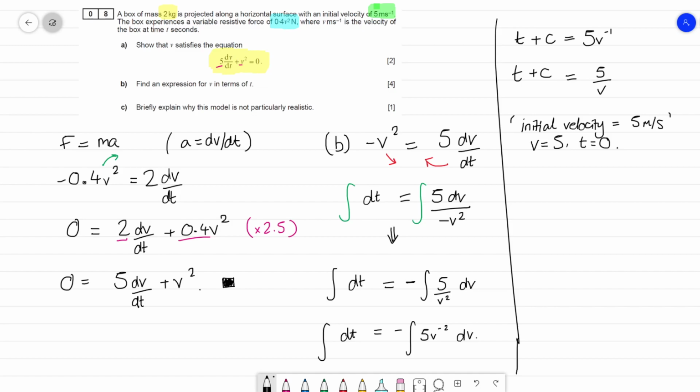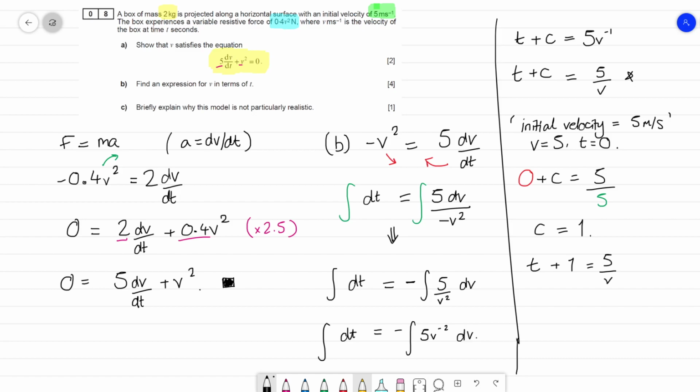So let's take that expression. Let's do that. So t is 0. v is 5. I'm going to get just c over here. Oh, and I'm going to get 1 here. Great. Let's write the expression again. t plus 1 is equal to 5 over v.